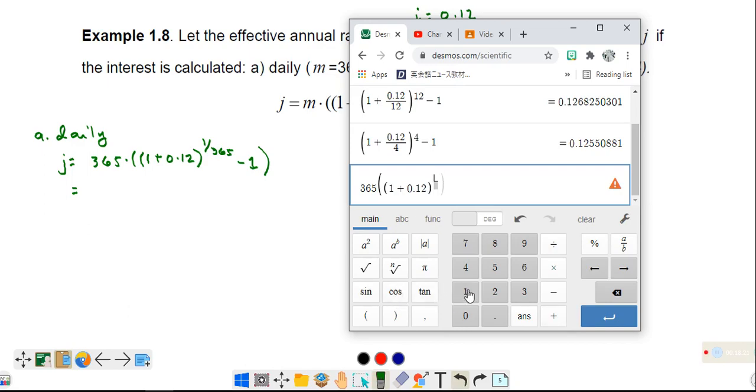On the numerator, it is 1. On the denominator, it is 365. And then, baba natin yung cursor, minus 1, and then close natin yung parenthesis. You will end up with 0.